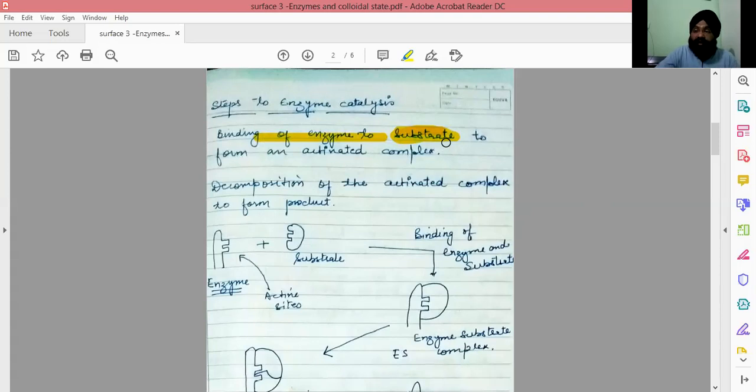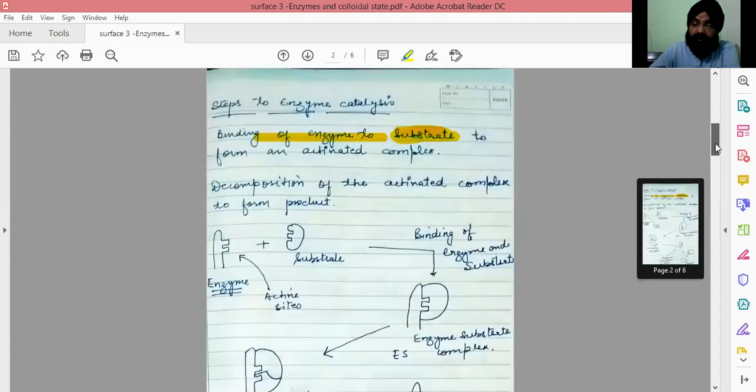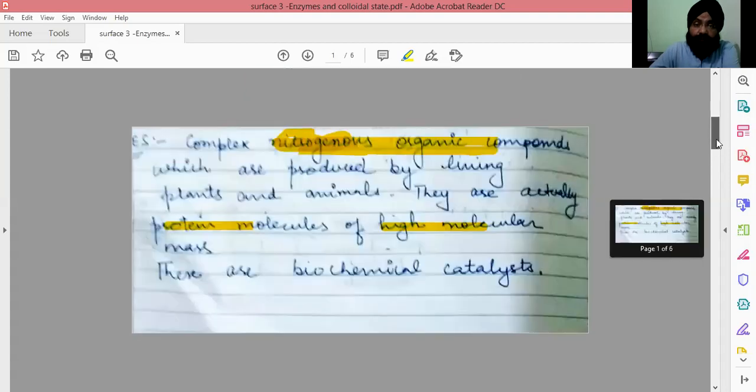Their mode of action is again the same as the catalyst. They decrease the activation energy. They bring out the chemical changes at lower threshold energy value. They form the activated complex at lower threshold energy value with low activation energy, and hence they enhance the rate of reaction, right?